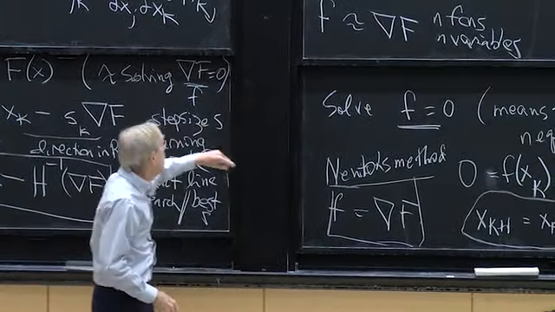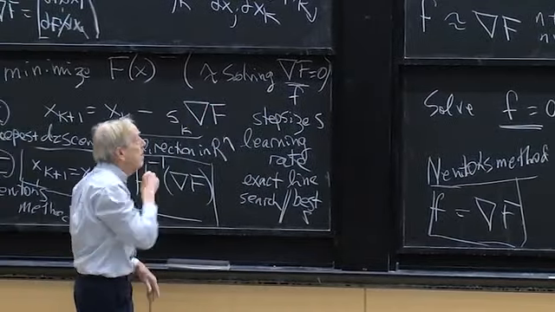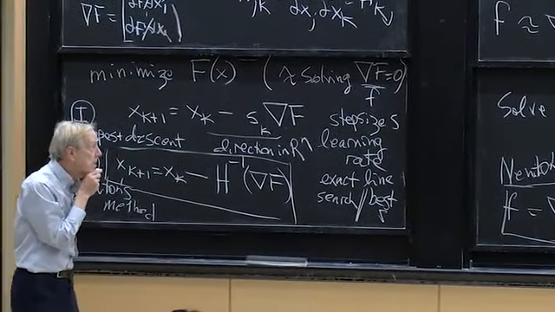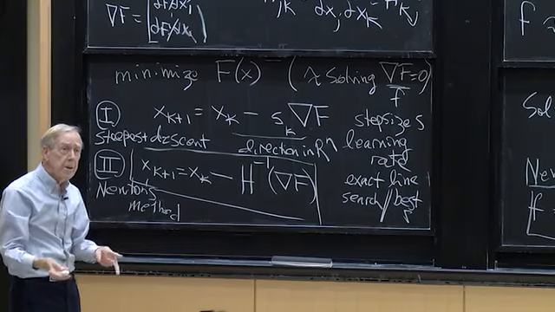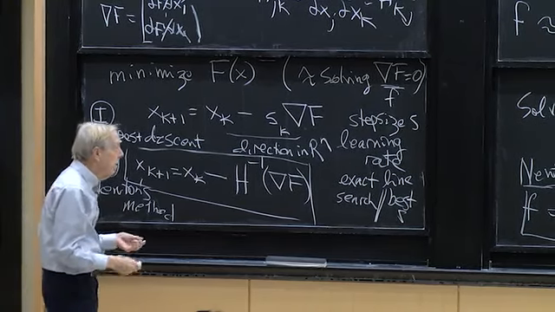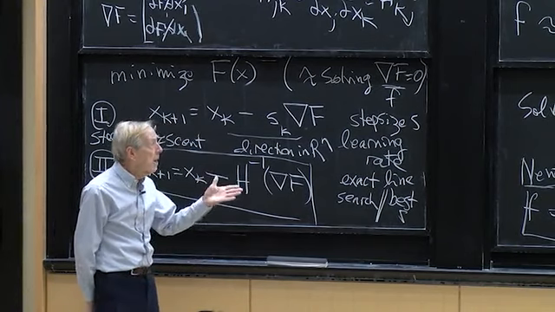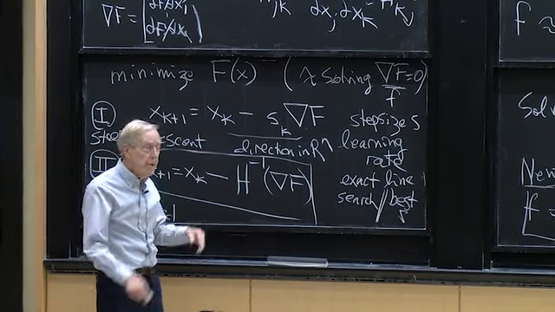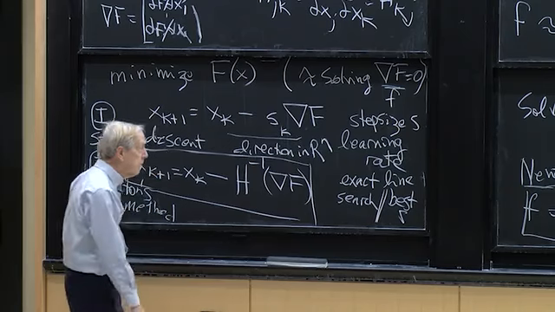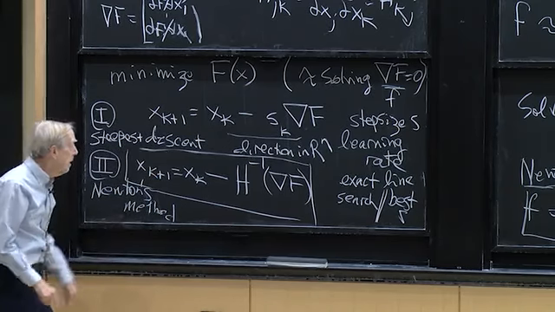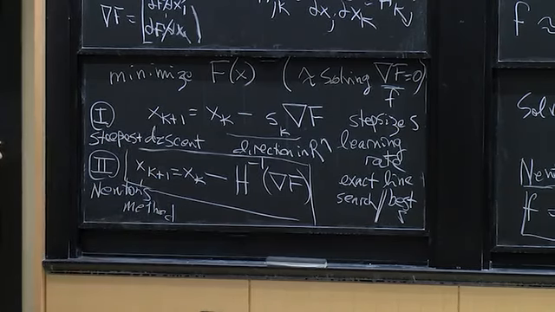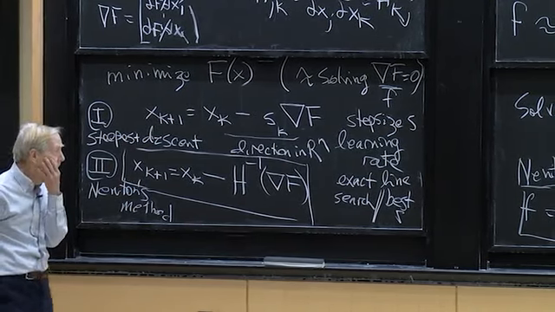So the basic facts were the three-term Taylor series, and then the basic algorithms followed naturally from it by setting the f at the new point to 0, if that's what you were solving, or by assuming you had the minimum. Right, good. Okay.